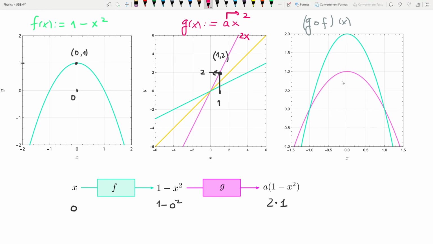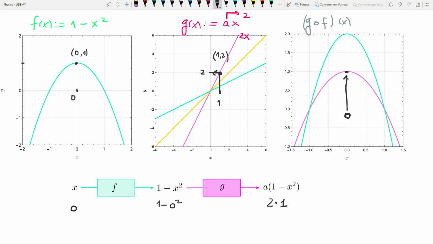Let's now focus on the composite function and how it maps 0 into 2. On this graph here, we find the original function in pink and the transformed function g of f, so this thing here, in green. So 0 lives on the horizontal axis, here it is, 0, and 0 under the first function is mapped into 1.